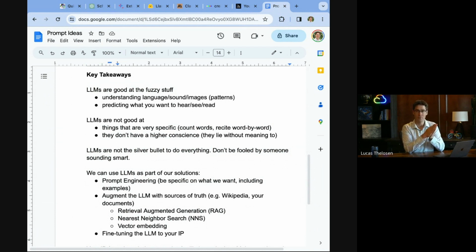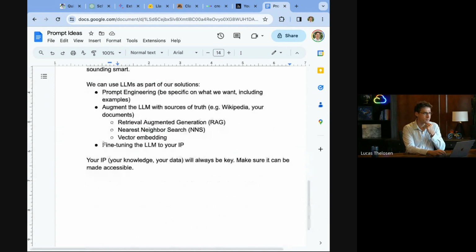There's a debate on what granularity you should be embedding. So should it be, for example, back to the contract example, should we be embedding the paragraphs, right? Should we be embedding the whole document as a whole? Like at what level should we go? And that's something we still have to figure out. You can fine tune the LLM on your IP.